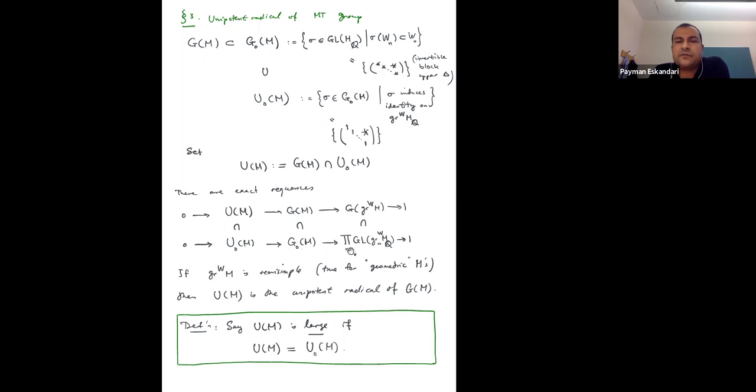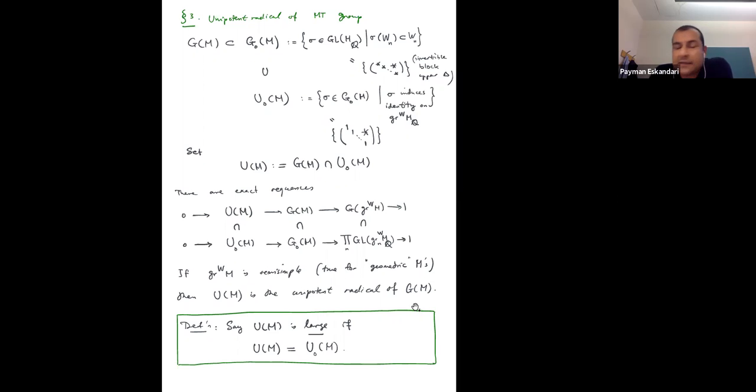The kernel of the map, where the diagonals are 1, is U naught, and U_M is the kernel of the restricted map. The reason I have this diagram is that if the associated graded of M is semi-simple, then its Mumford-Tate group is reductive, and U_M, being unipotent because it sits inside U naught, is the unipotent radical of G_M. So when your associated graded is semi-simple, U_M is really the unipotent radical of G_M.